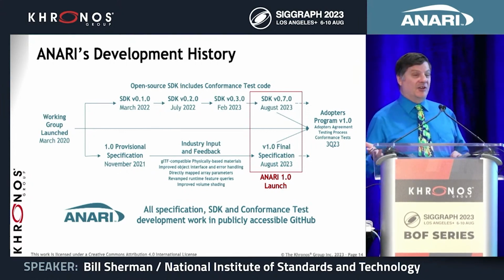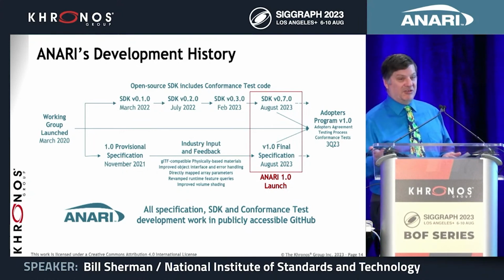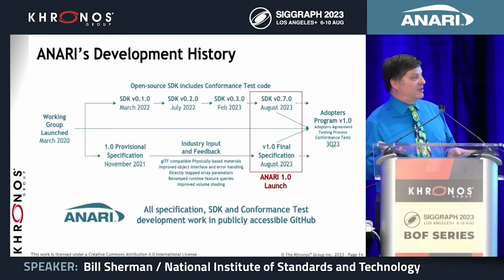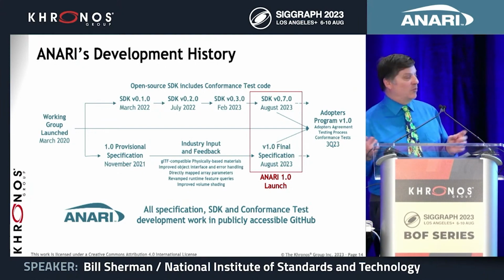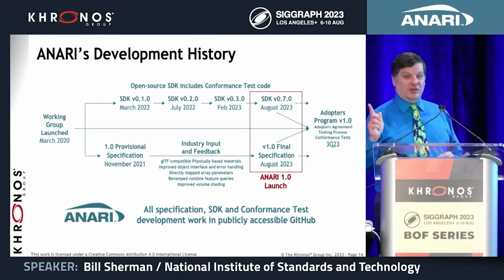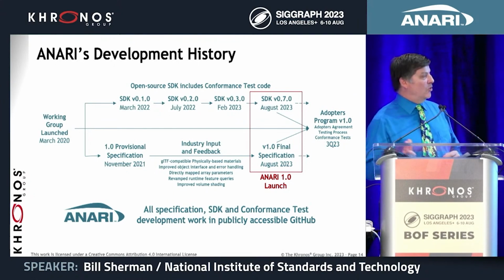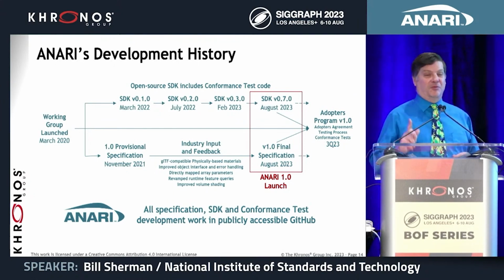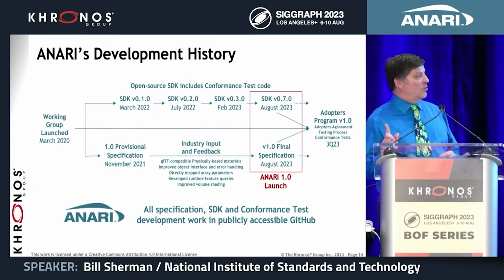So if you download it now, you'll probably get 0.7.0, but you'll really be working with the equivalent of the 1.0 branch. And so the specification we're expecting to go to the Kronos board in the very near future, and we expect it to pass in Q3, depending on what feedback there was.